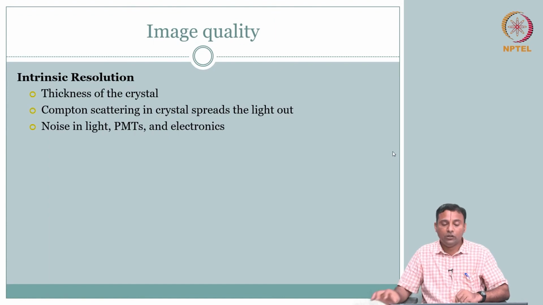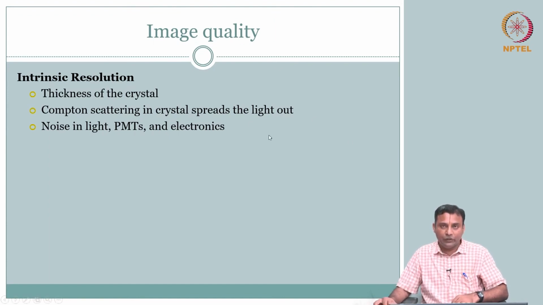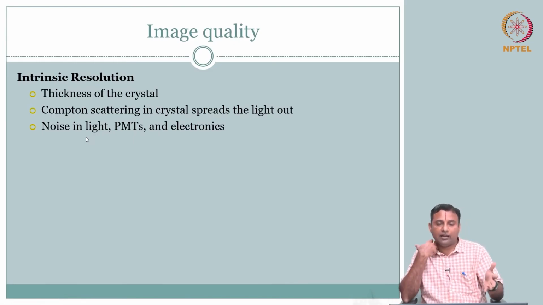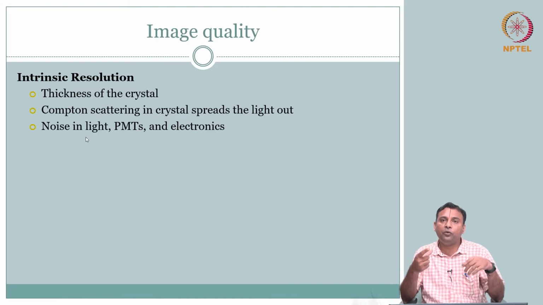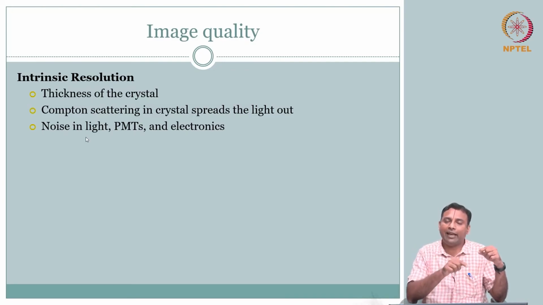Even though you know these are the factors to be taken into account, the intrinsic resolution actually comes along when you do this x comma y. We talked about localization: we have the photomultiplier tubes, we calculated the z pulse, and then we did the center of mass, if you go look back, to say where it came from.